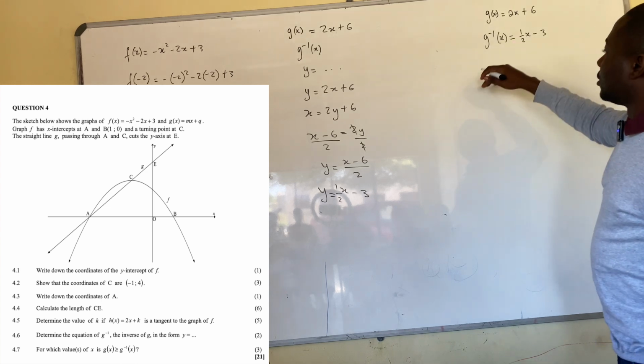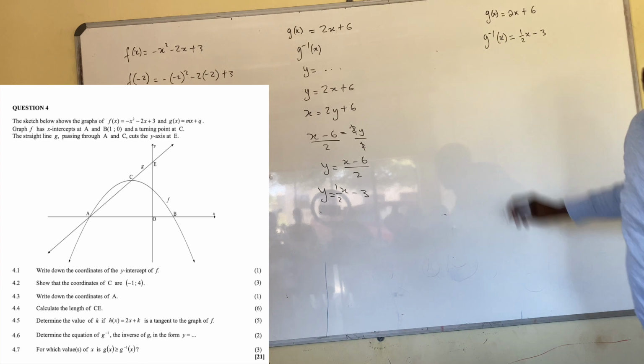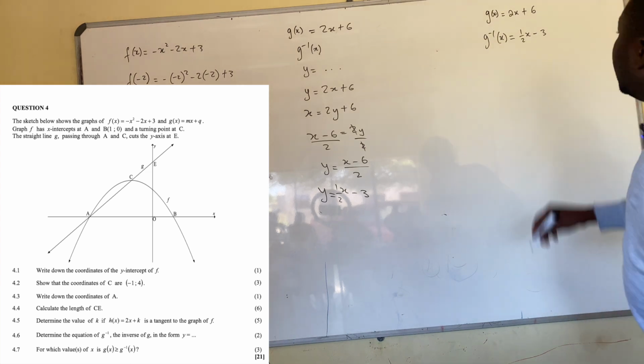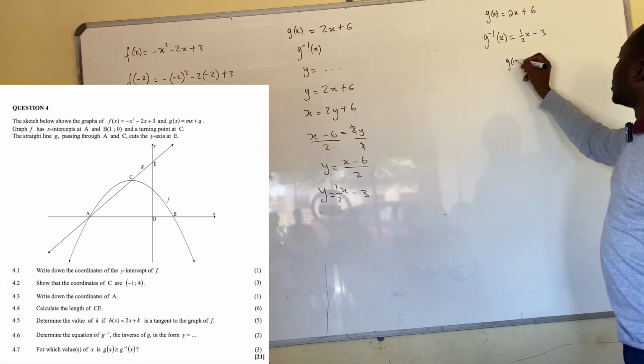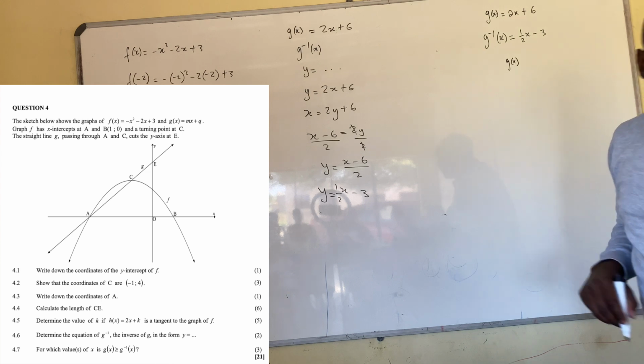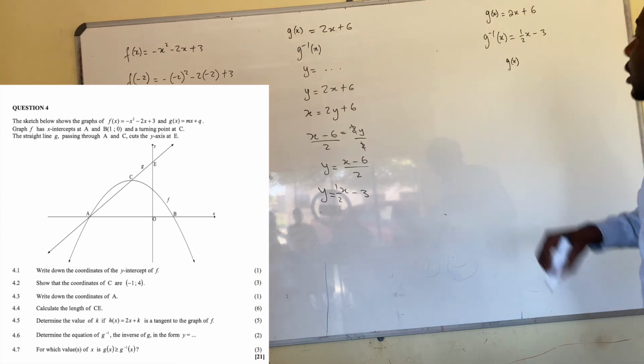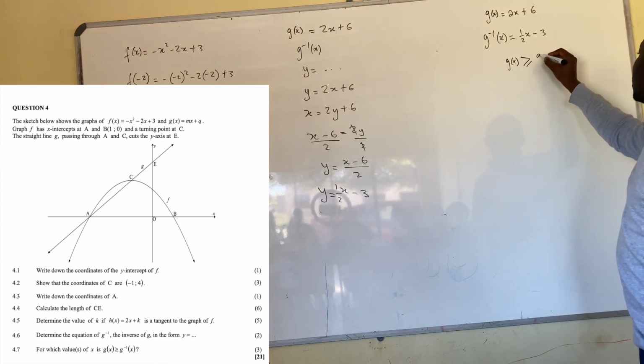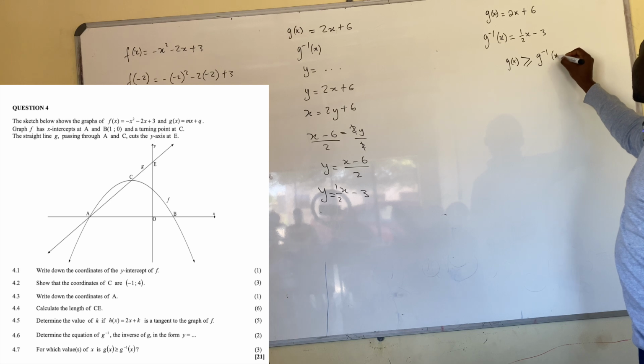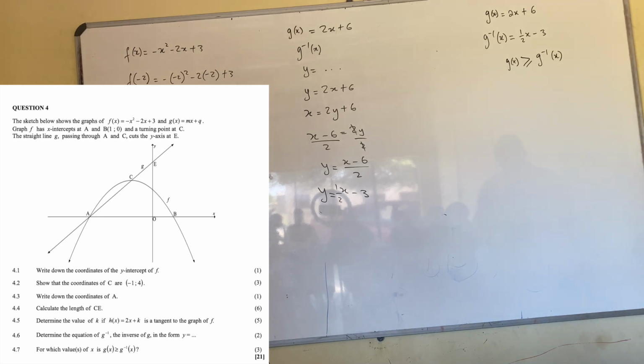So we are given, for which values of x is g of x greater or equal to the inverse of g of x. So what do you think we do there?